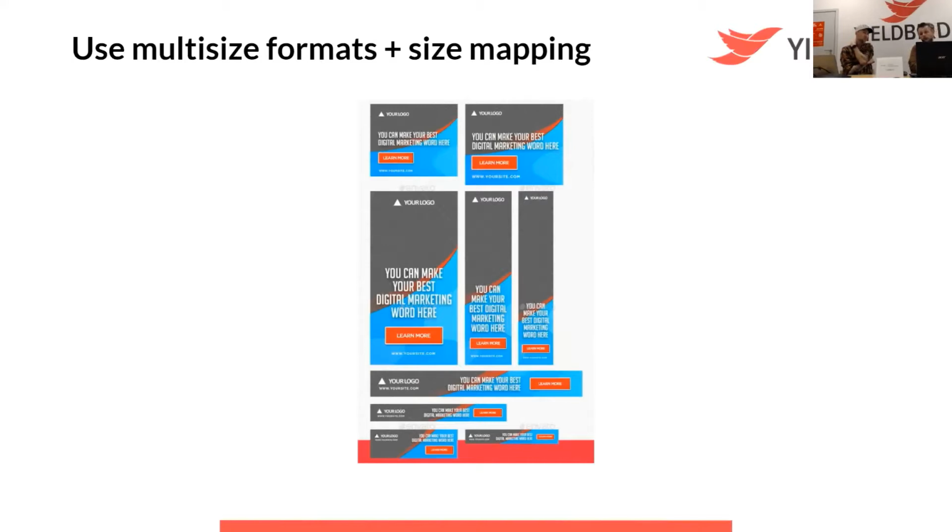So if you have the option and your UX and site structure allows it, use multi-formats and size mapping to allow different kinds of placements in terms of size, like 300 by 250 or 336 by 280 to be displayed, or here on desktop, 300 by 600 or 160 by 600. It all can increase your fill rate, your RCPM and the overall revenue.